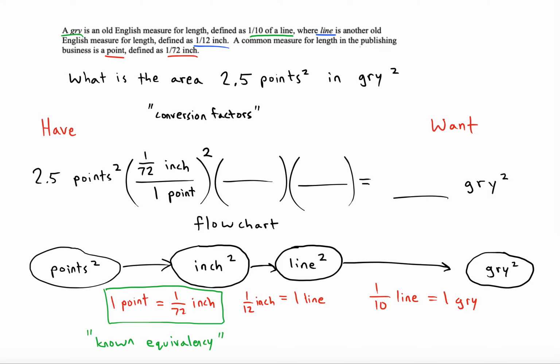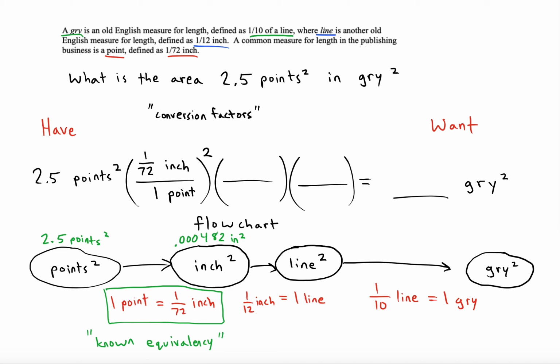So we could calculate that real quick, like 2.5 times 1/72 squared. Okay, it's telling me 0.00048 inches squared. So that's the first step, where I converted points squared to inches squared.